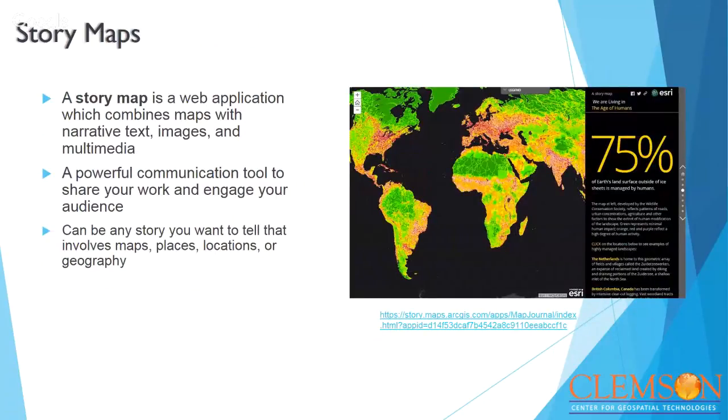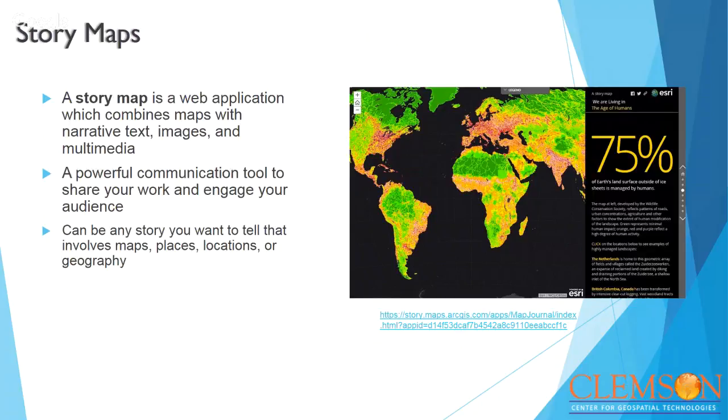So what is a story map? This is a web application that combines your maps and data as a communication and storytelling tool. You combine it with narrative text, videos, images, multimedia, and other websites as a way to communicate, say, your research or your work or whatever your story is.